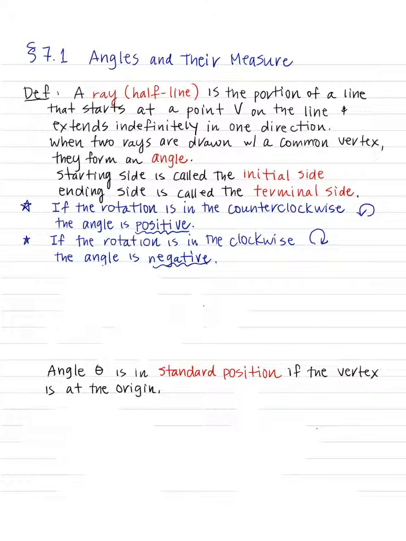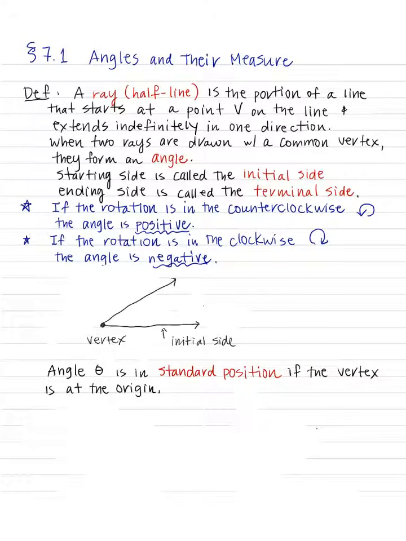So let me just start drawing some pictures to explain. First, let me just draw this dot. Now this is called the vertex. Pretend that's a straight line, please. All right, so this line is called the initial side. And let me just draw it like this.